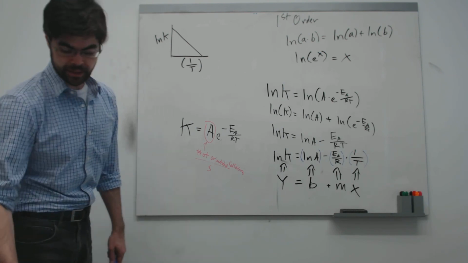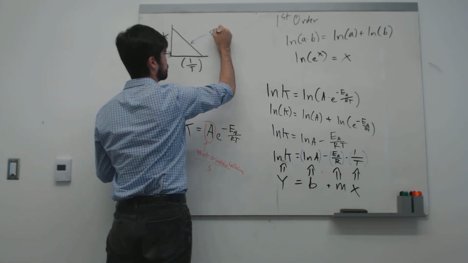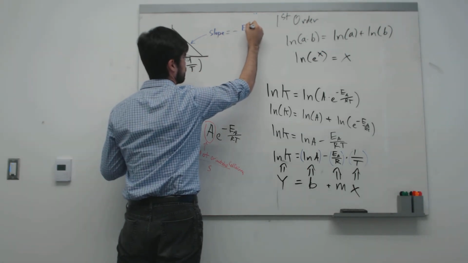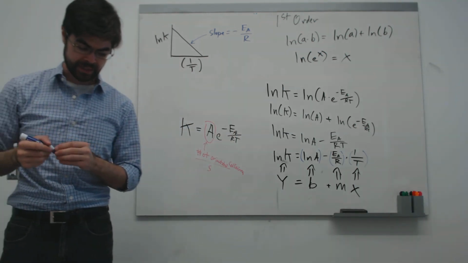The slope of this line is equal to negative activation energy over R, the gas constant.